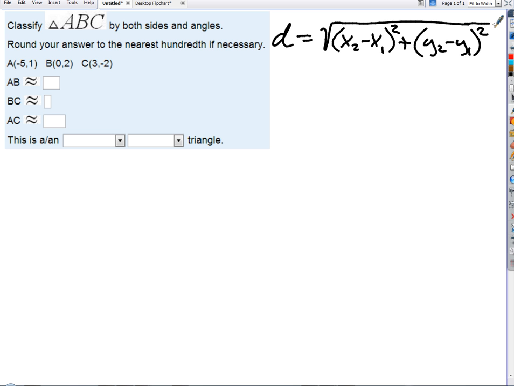So we're going to have to do that for each of these cases. If we wanted to find, for example, the distance AB, well, AB is just going to be the square root of what minus what squared plus what minus what squared. How do I calculate the distance between A and B?